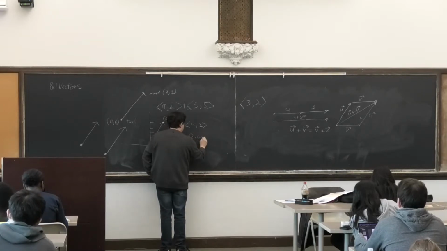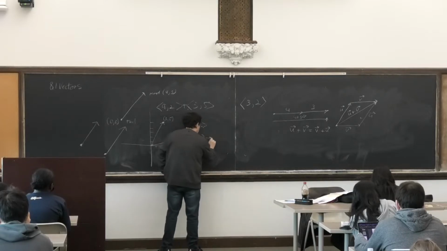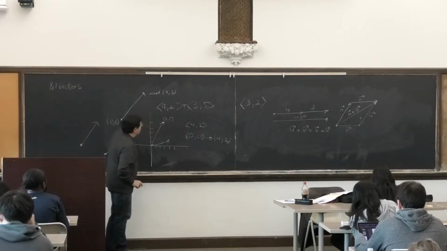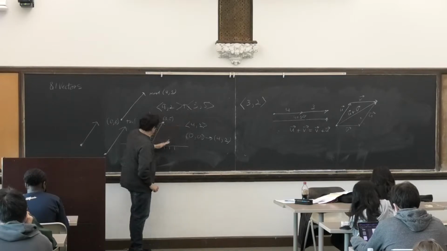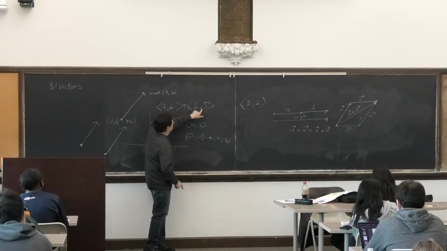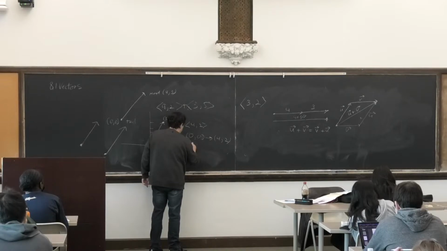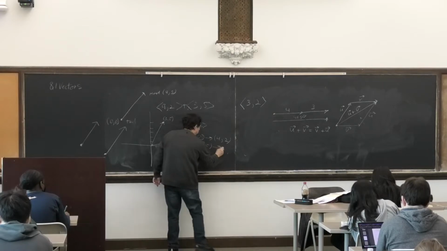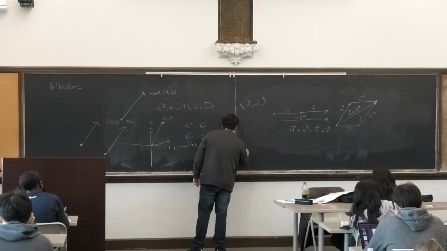It's from 0, 0 to 4, 2. I want to move its tail, 0, 0, to this head. So I'm going to add 3 and 5: 0 plus 3, 0 plus 5. And I have to do the same here: 4 plus 3, 2 plus 5.